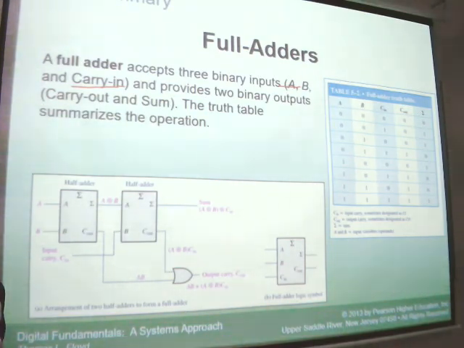So there are 3 inputs, and for the sum sigma, the output is 1 when the input is like this.